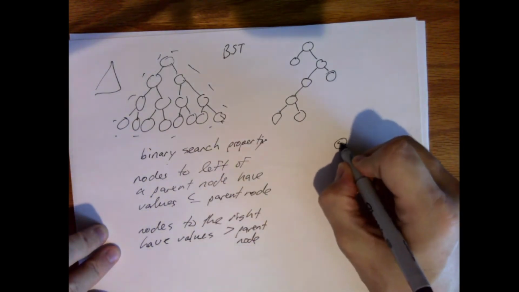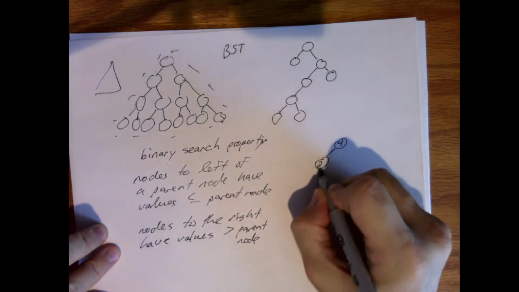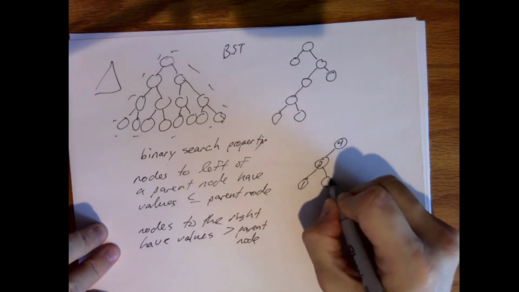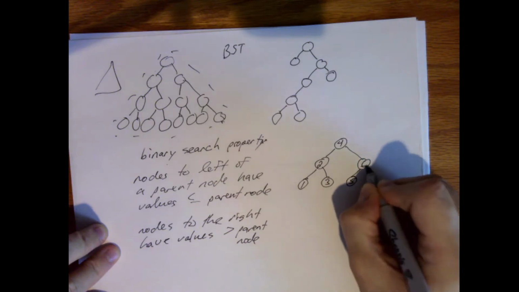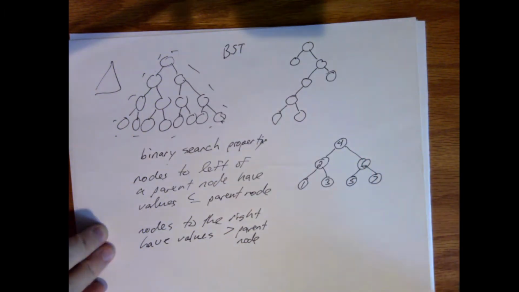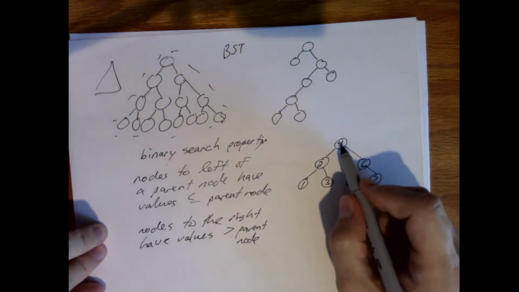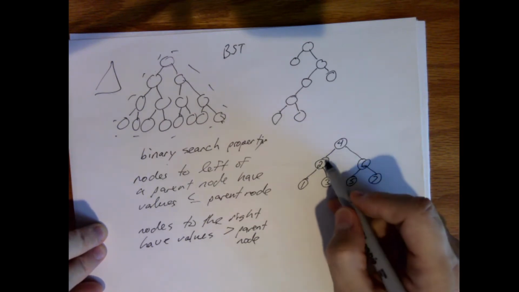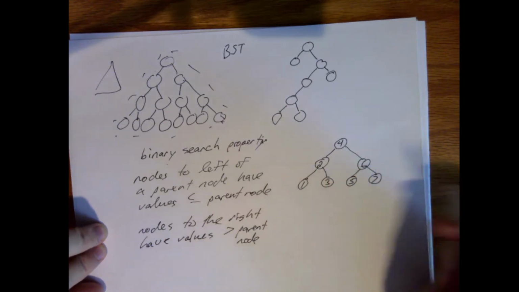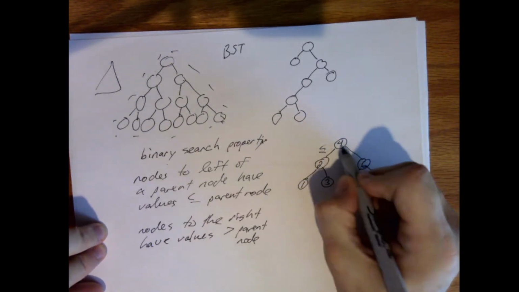So let's say we have this 4, 2, 1, 3, 6, 5, and 7. So now if I look at 4, we can see that every node to the left, not just the child of 4, but his children and their children and so forth, have values that are less than or equal to 4.